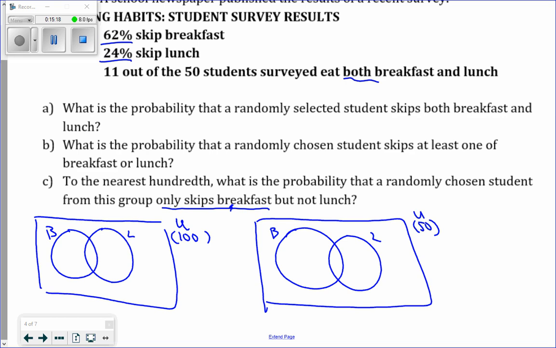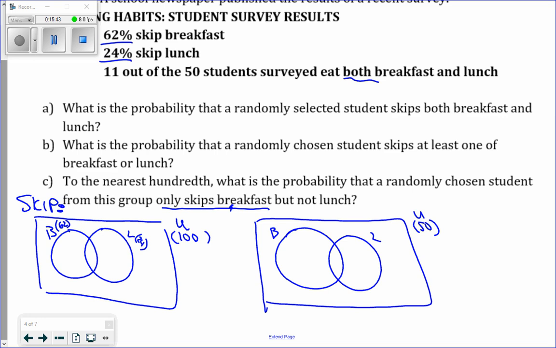So 62% skip breakfast. That means this circle has to be 62. 24 skip lunch. 11 out of the 50 eat both. So these two numbers represent skipping, not eating.